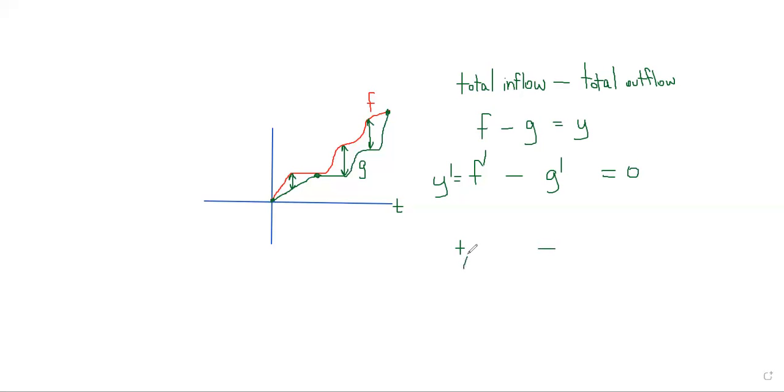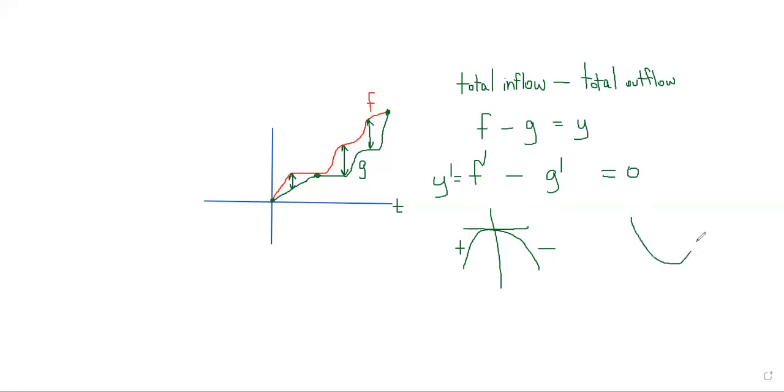So you want a positive y prime on the left and a negative y prime on the right of your critical point. Okay, that will tell you that you have a maximum where the slope is 0.